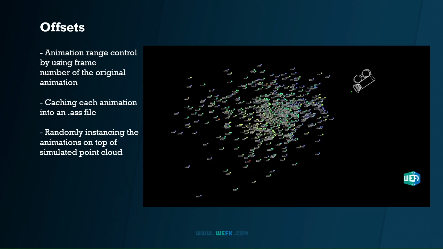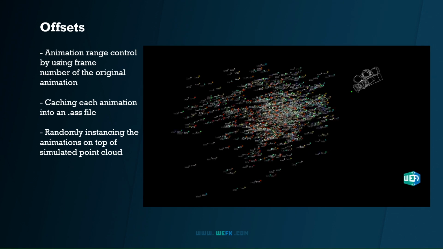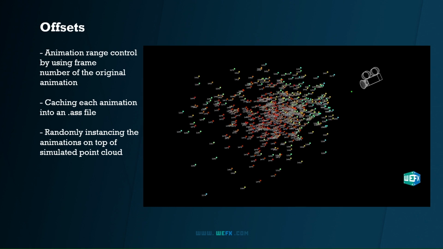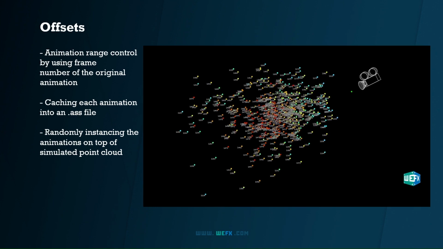We basically had an integer value on each of the points that was driving each animation per point. And because we had different variations of the animation, we also had a variation on top of the frame number attribute. Everything looked very natural and organic, and we were happy with the result of the variations.